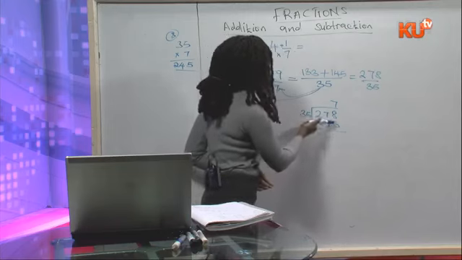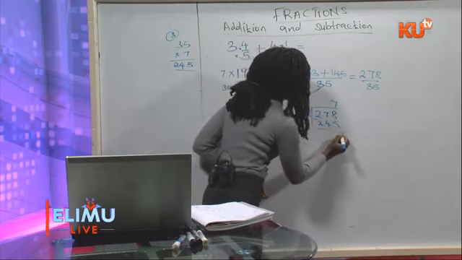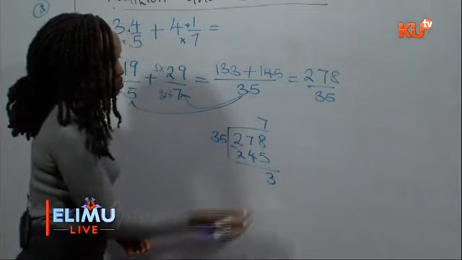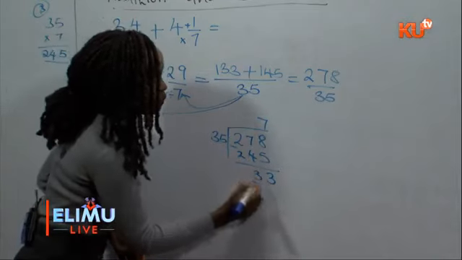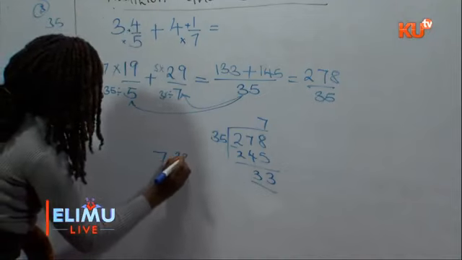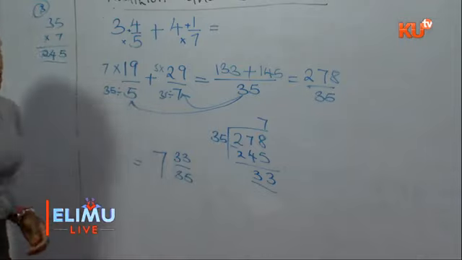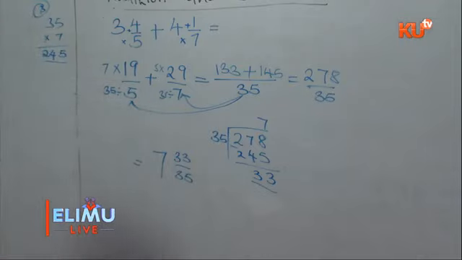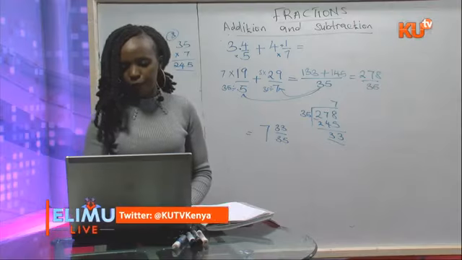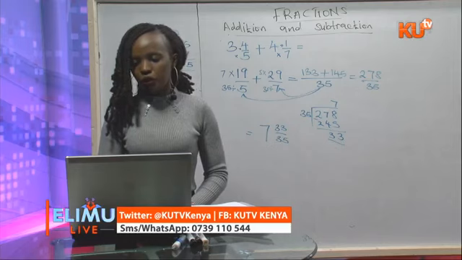Then we subtract. 8 minus 5 is 3, 7 minus 4 is 3. So we get 7 and 33 over 35. We get 7 and 33 over 35 as our answer. So I want to tell myself you are still together and you're following.